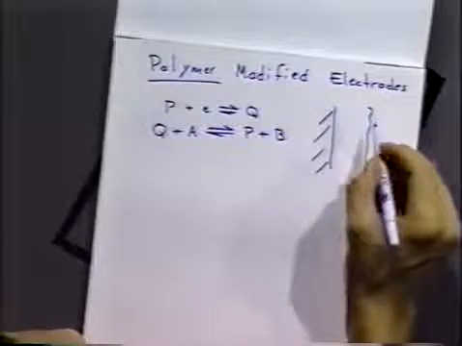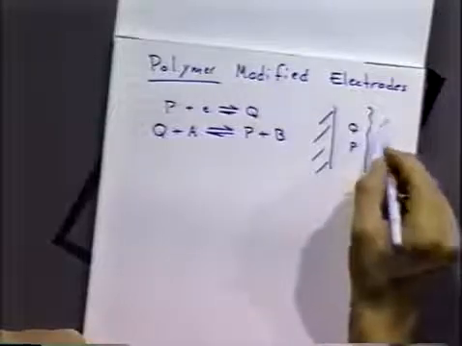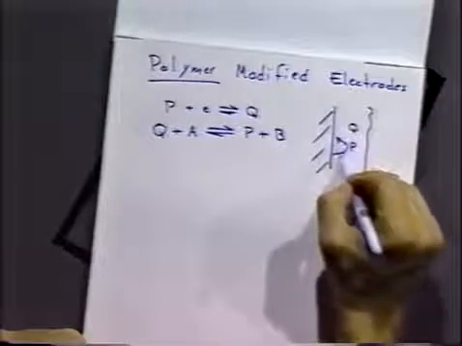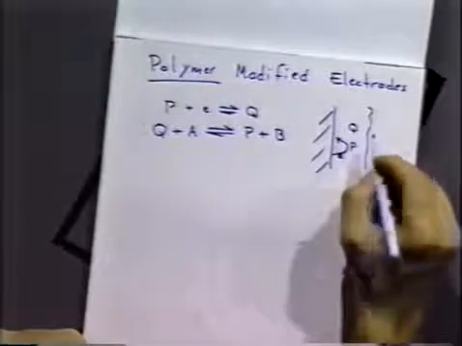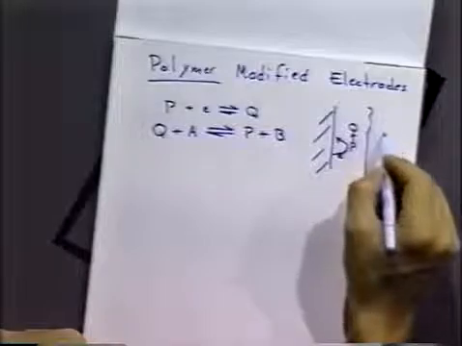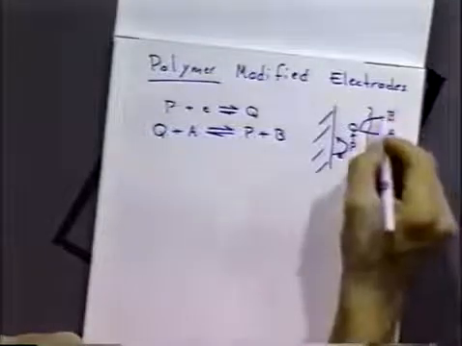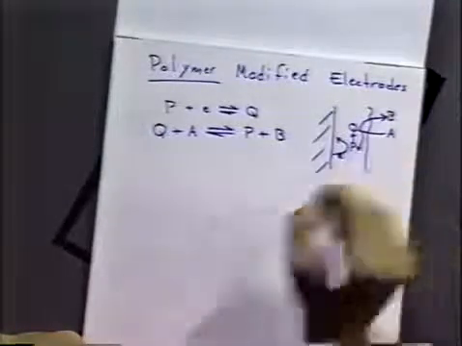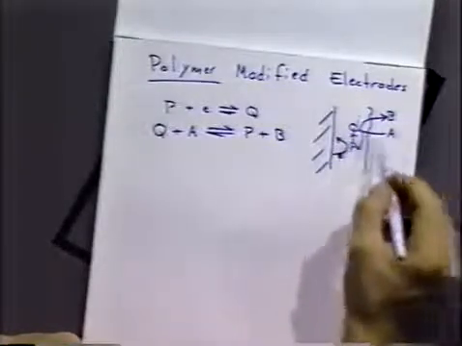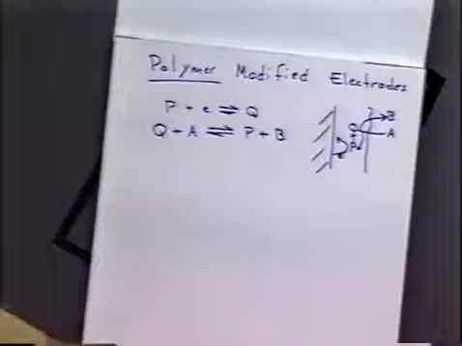Inside the polymer, you'd have molecule P, which can undergo an electron transfer at the electrode, which leads to Q. Q can do a job on molecule A that diffuses into the polymer, reacts with Q, forming B. When that happens, that regenerates P, and the cycle can repeat itself as long as there is A available to regenerate P. We'll continue to get electron transfer in this way.